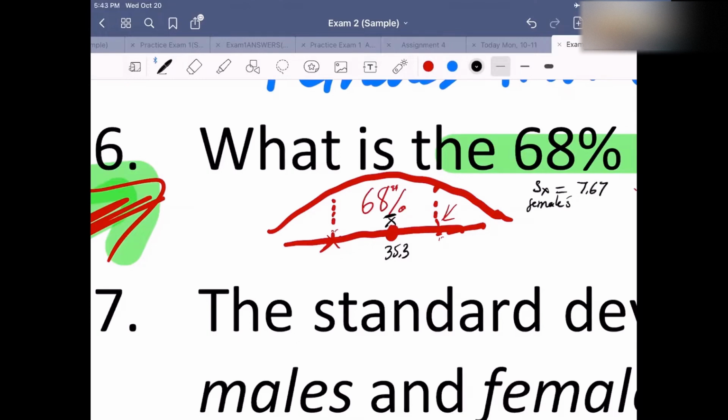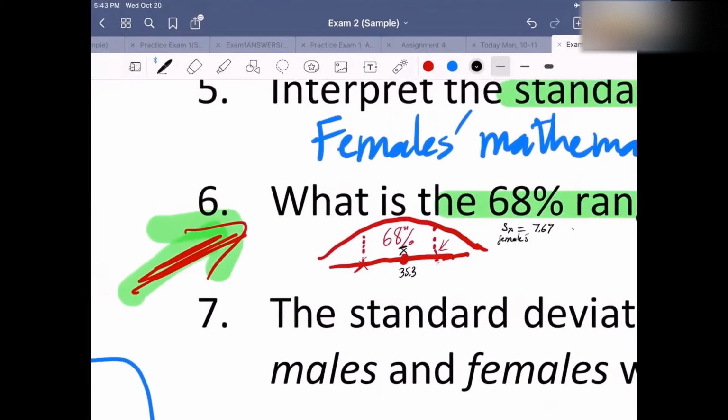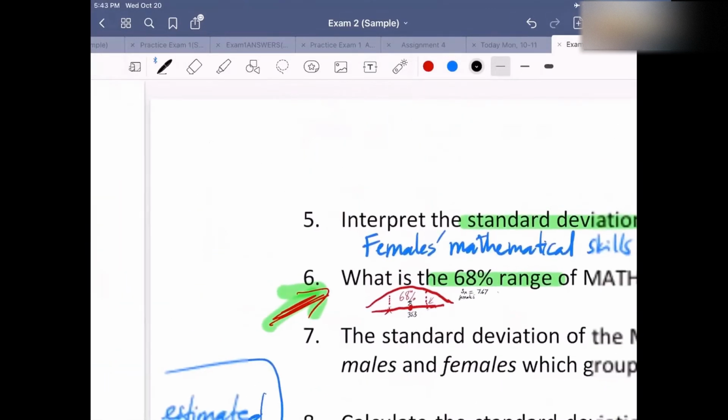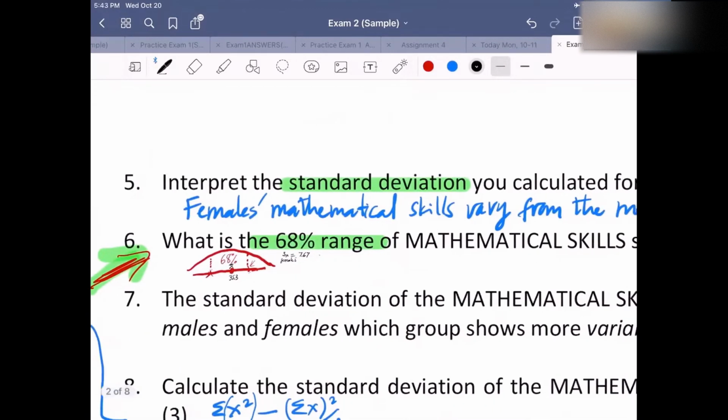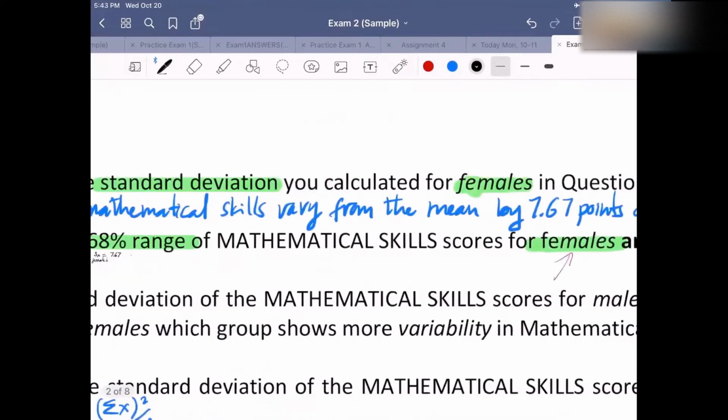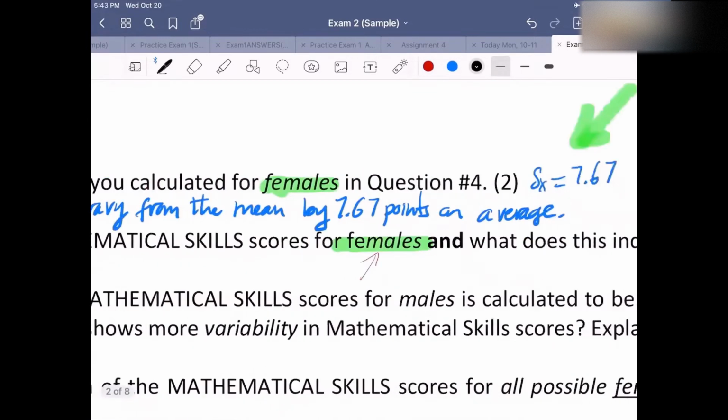We can write it down and then double check it to see if they got it right, okay? Brittany as well. So if you look at the standard deviation of females, it's in number 5 already, right? We just used it, number 5, which is 7.67, okay?